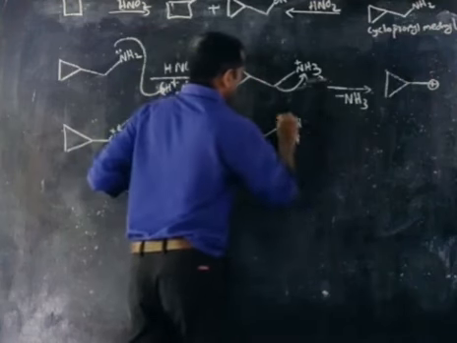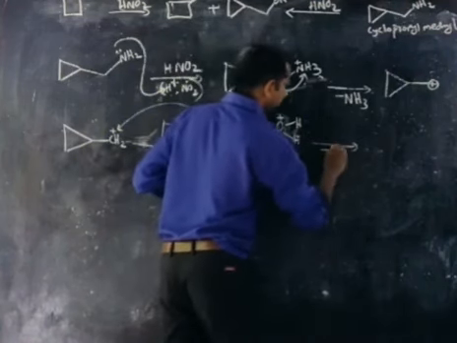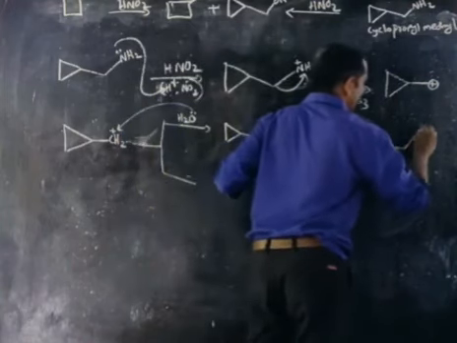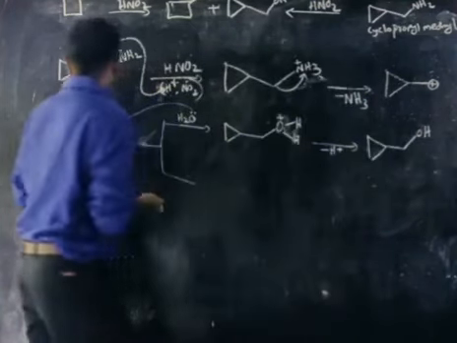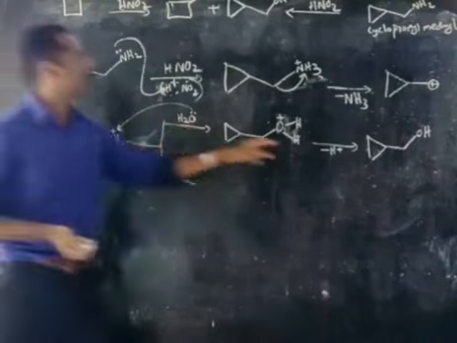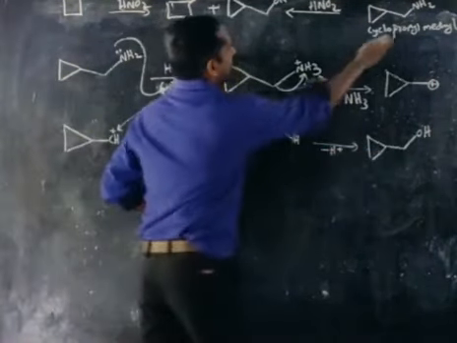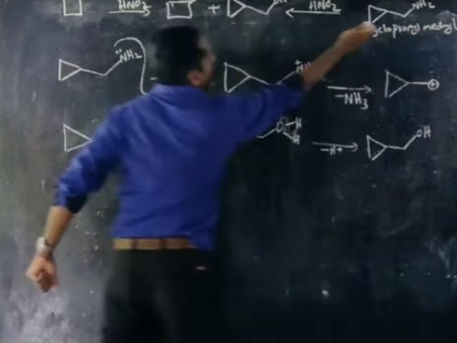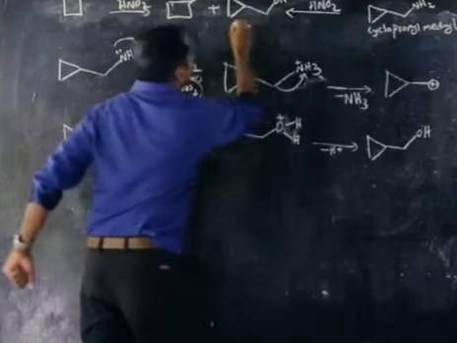Now minus H plus, and what will you get? This one. That means when you take cyclopropyl methylamine, first you are getting this unrearranged product.